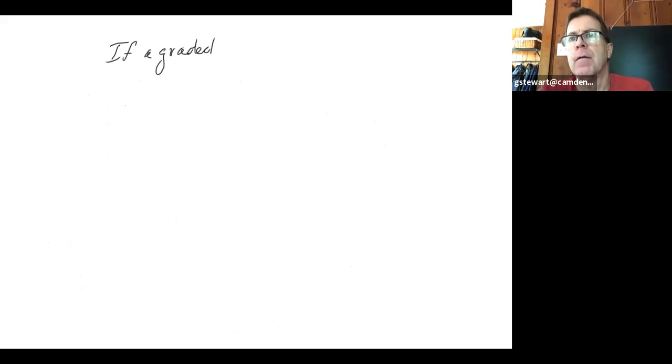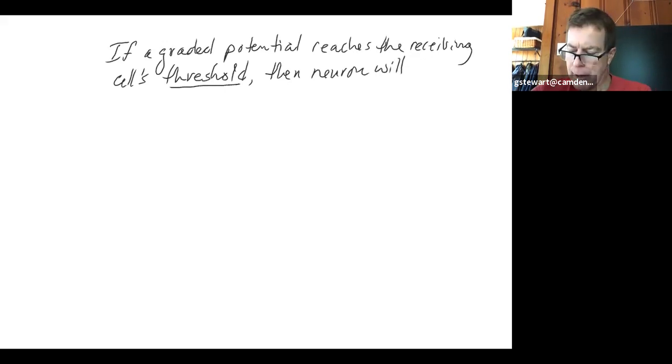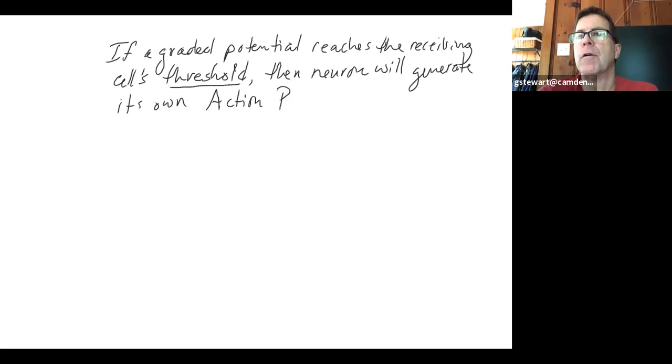So if a graded potential reaches the receiving cell's threshold, I'll define this later, then the neuron will generate its own action potential. Whenever you see action potential, think electrical stimulus.